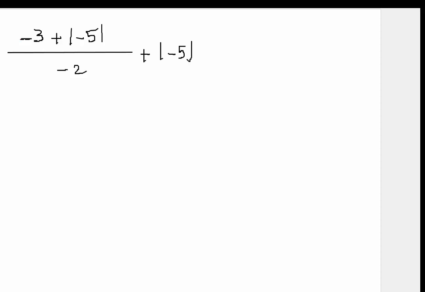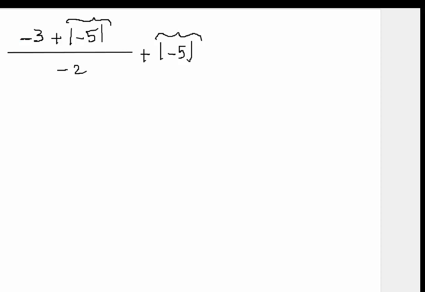Let's go ahead and change the values, replace the absolute value of -5 with a number without that absolute value sign.